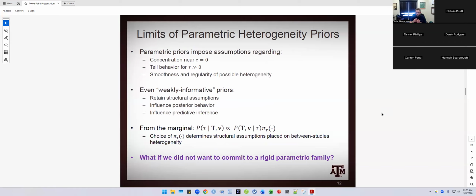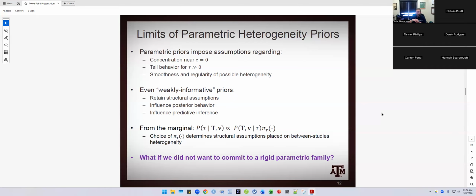So everything we've talked about now has been a known distribution that's parametric. There's usually a concentration towards tau equals 0. Tail behavior when tau is much larger than 0 becomes complicated. And they're always fixed to be easier to understand in terms of how smooth the curve is and everything.